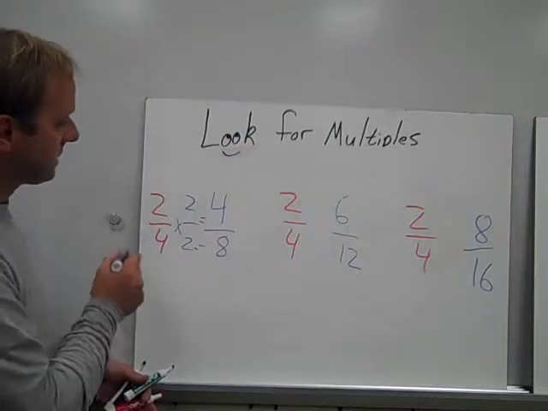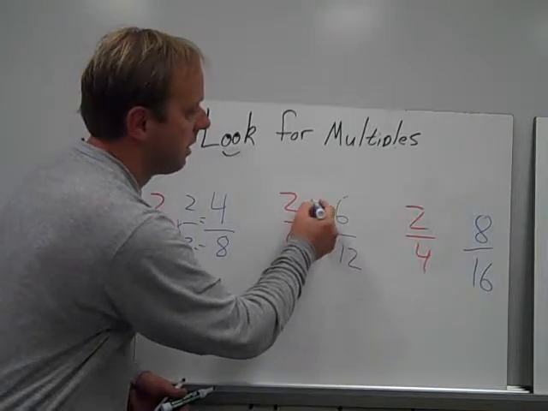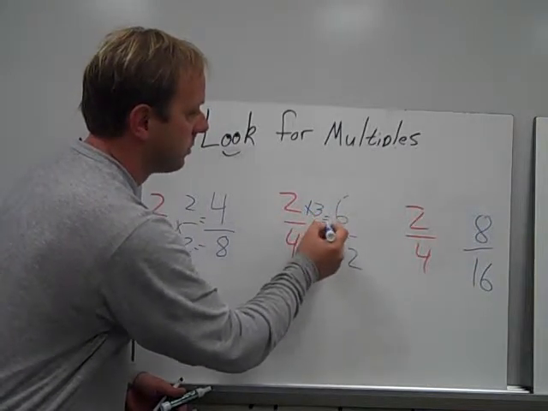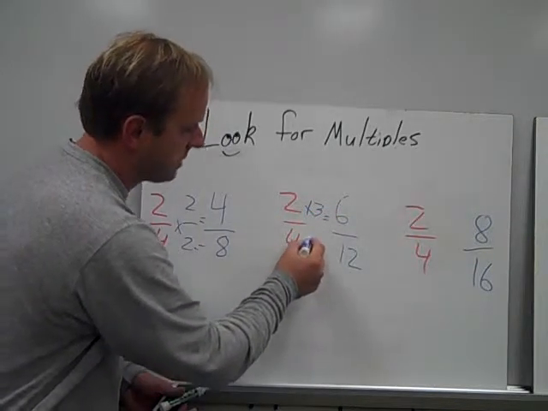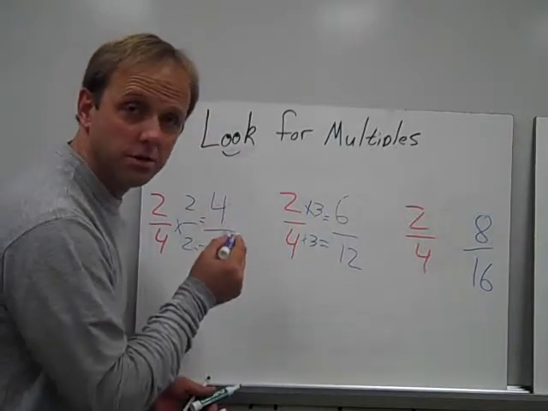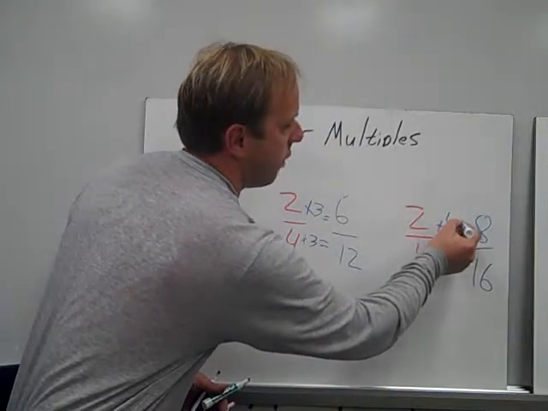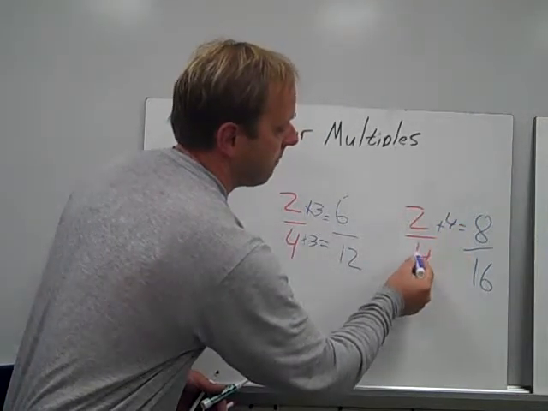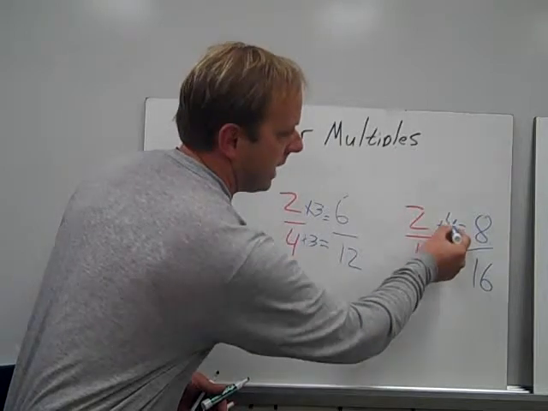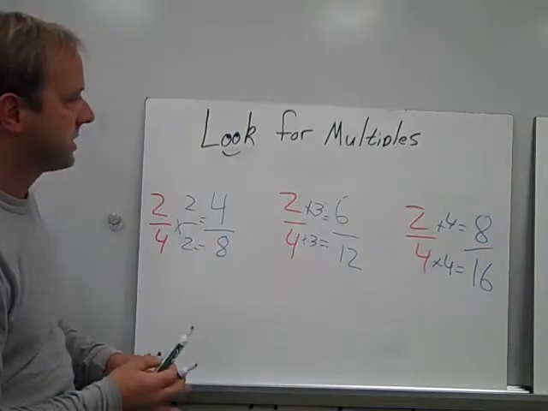The answer is yes, they are equivalent. 2 times 3 equals 6. So I have to also say that 4 times 3 equals 12, and it does. Those are equivalent. 2 times 4 equals 8. 4 times, well, I have to be able to use 4, and 4 times 4 does equal 16.